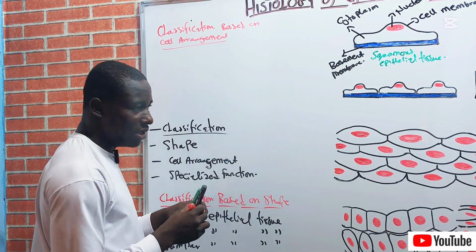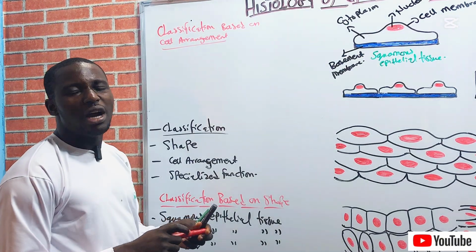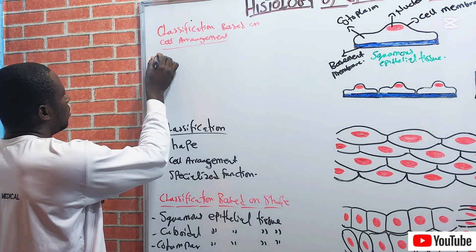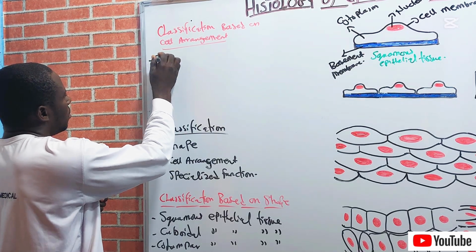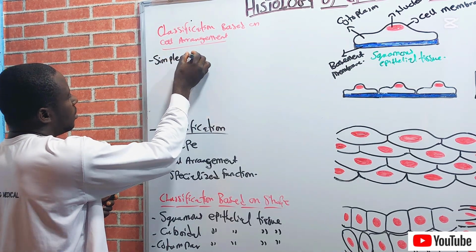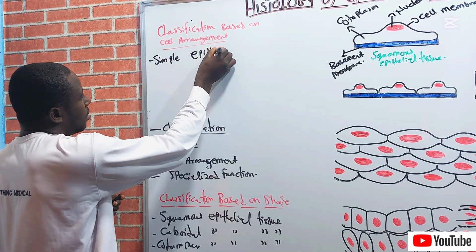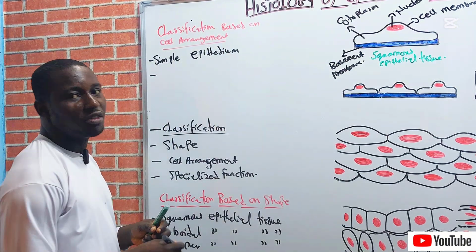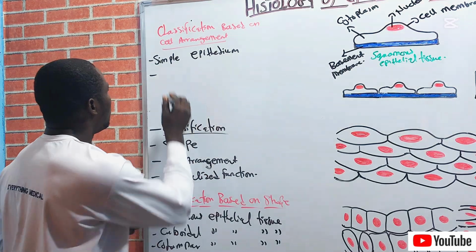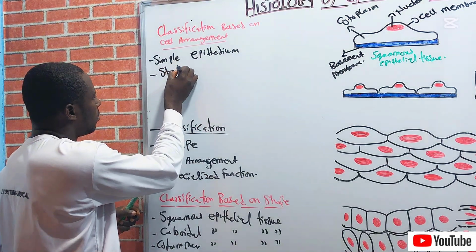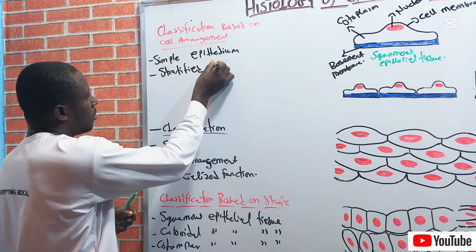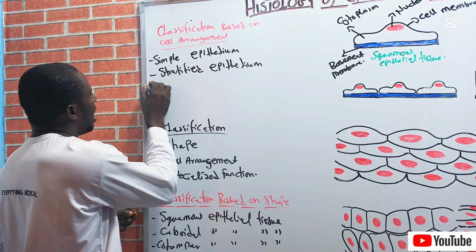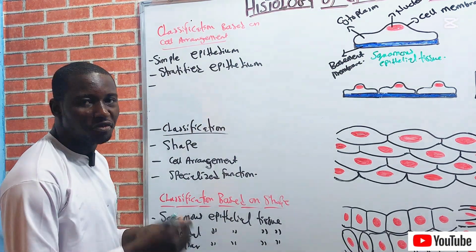Based on cell arrangement, we have simple epithelium, stratified epithelium, and we have pseudostratified epithelium.